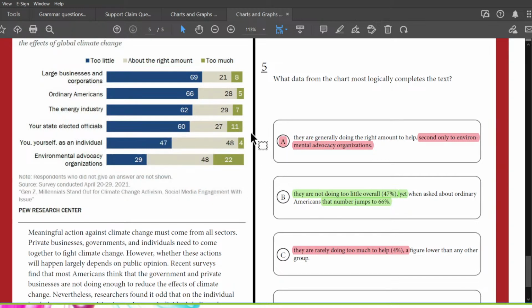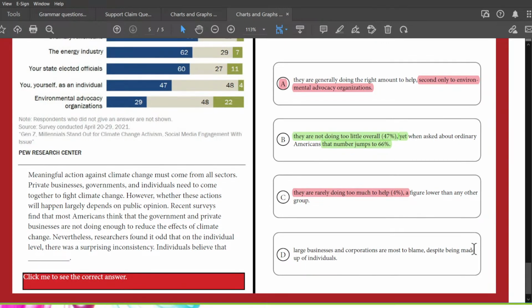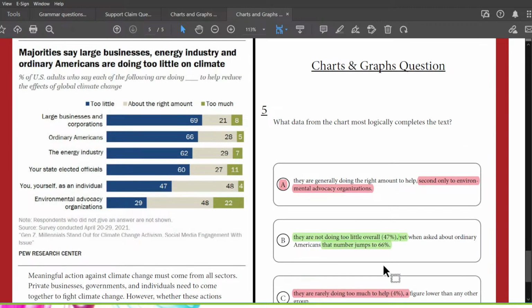Why is this one an inconsistency and this one is not? If I could just rephrase this, it doesn't quite work. I feel like we need to compare two things here. And this last one seems a little silly to argue because, yeah, there are individuals in large corporations and businesses, but businesses make decisions because of multiple people's decisions. It's not just each individual's actions.